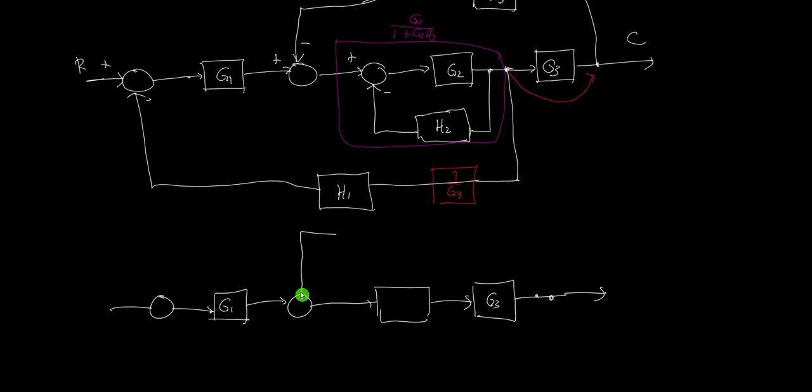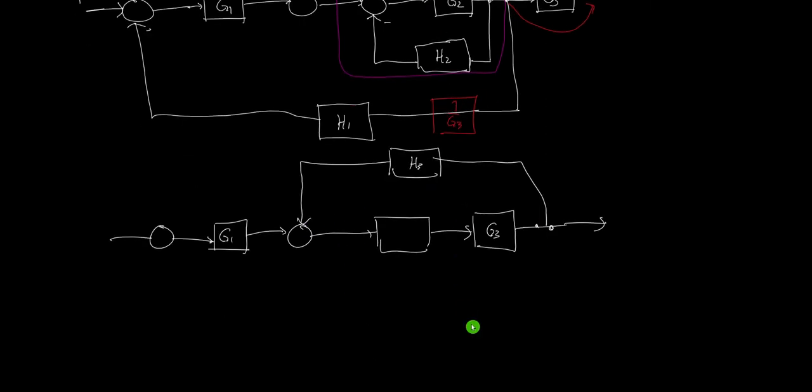The other one is going to H3, while the other one is this one. So we need to put here 1 over G3. Why 1 over G3 again? Because this is G3. We're moving along G3.